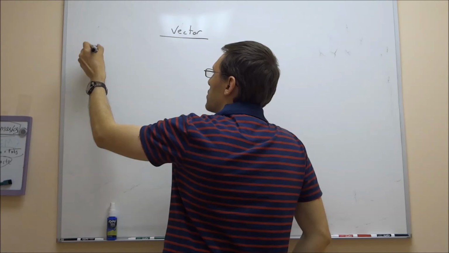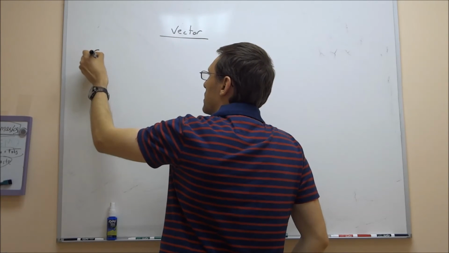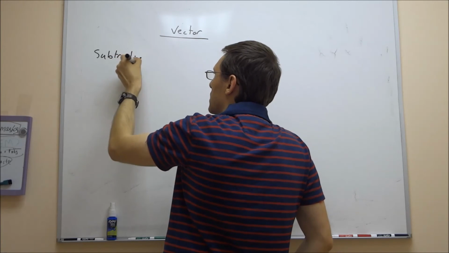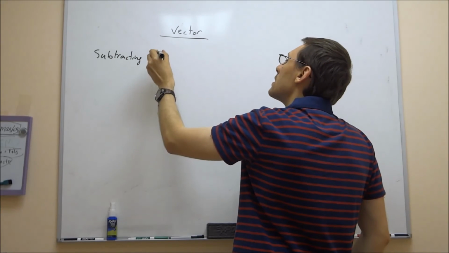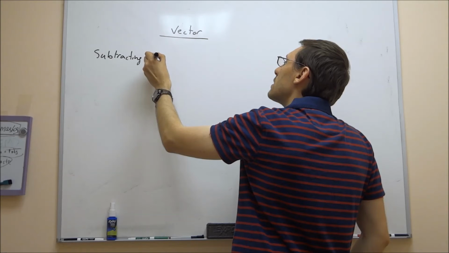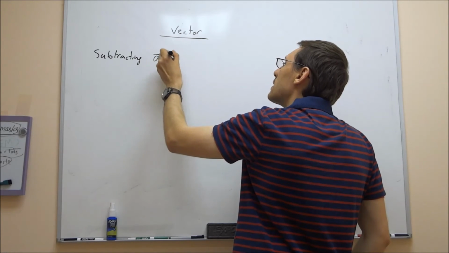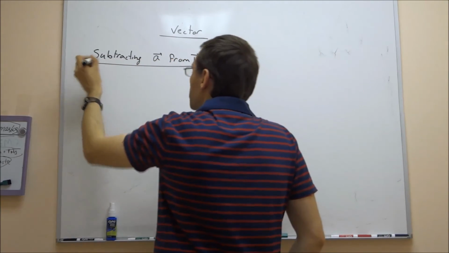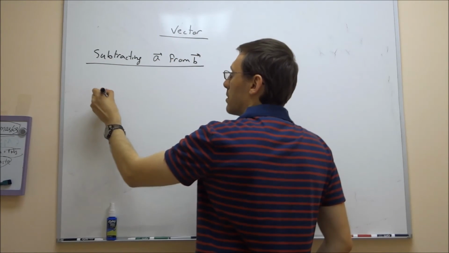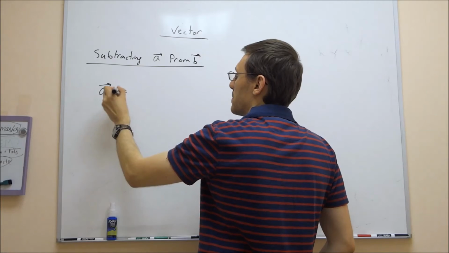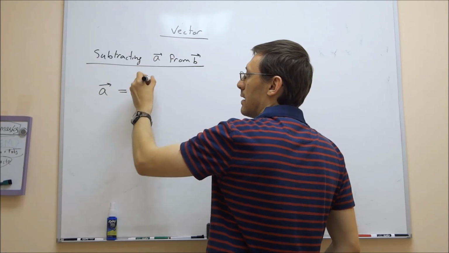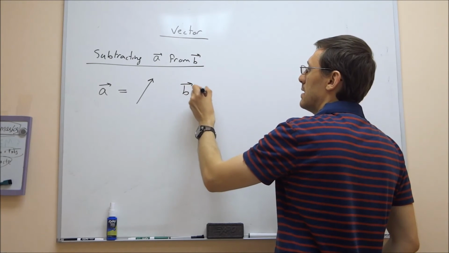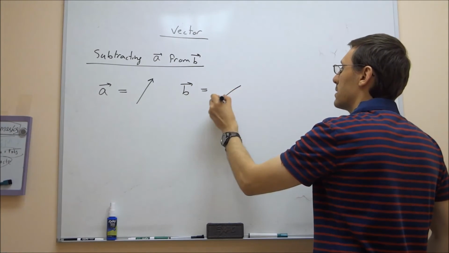So now we consider how to subtract one vector from another. So in other words, we want to calculate the following. So suppose we have A is some vector like this, and B is some vector like this.